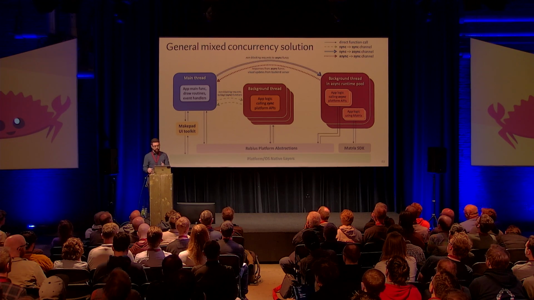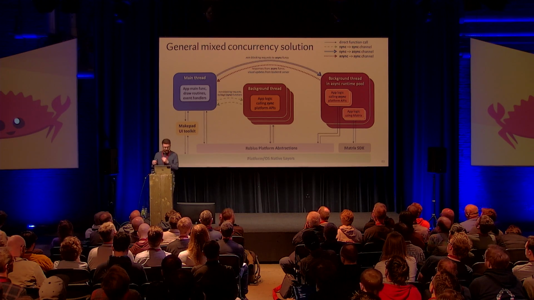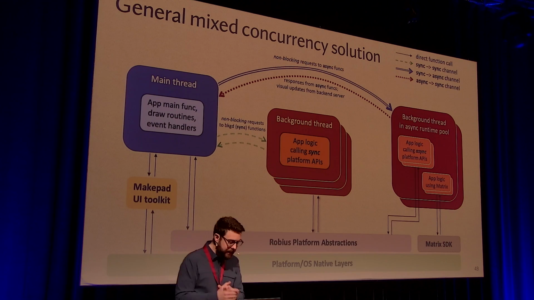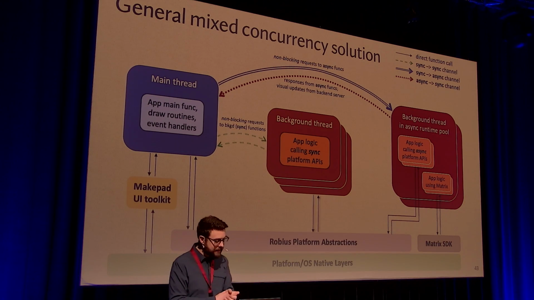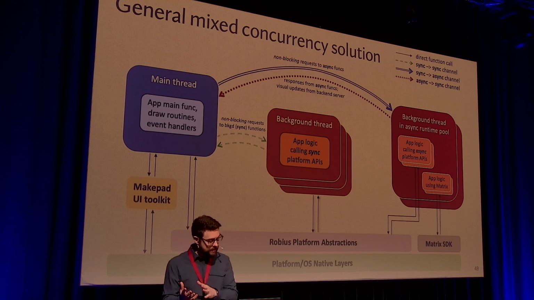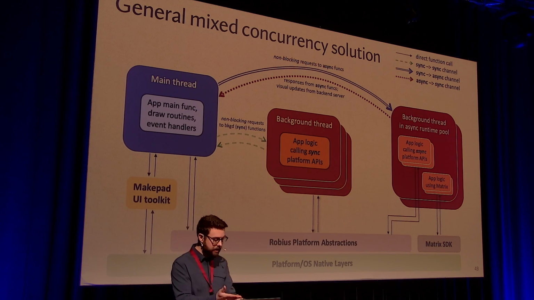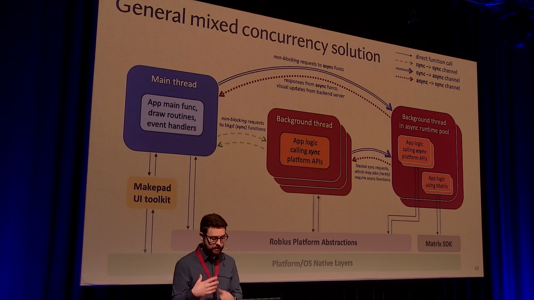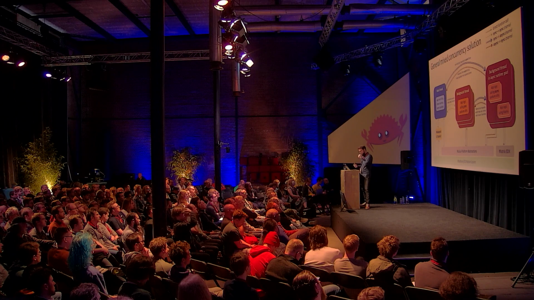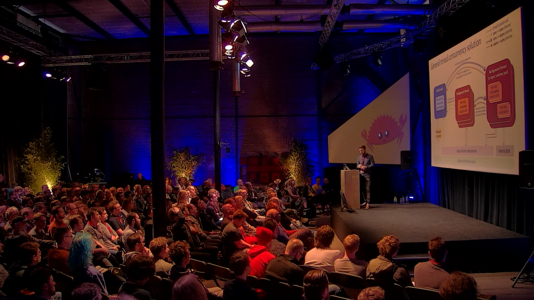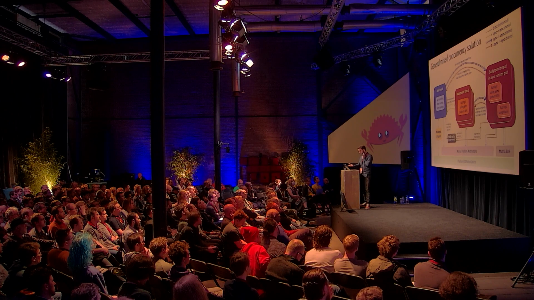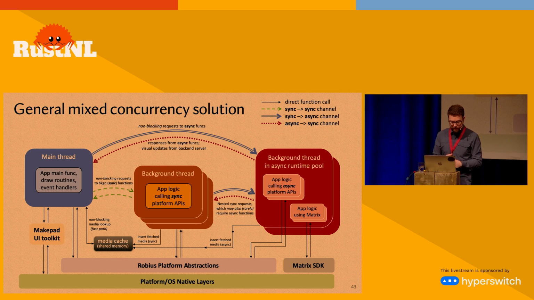And then we have non-homogeneous channels, I'm not sure what to call them, in which one side is async and the other side is synchronous. It depends on who is receiving the request and who is sending the response. This is exactly what I showed previously. With the media cache, you're accessing this via shared memory rather than specific channels, but it's the same issue. So dealing with this, I think, is a massive headache.